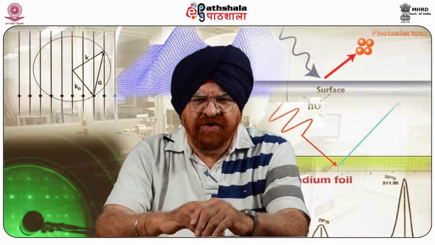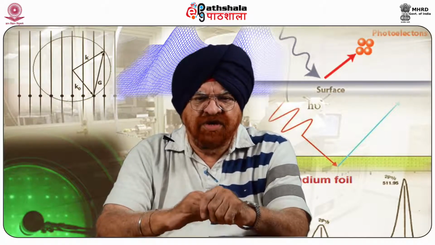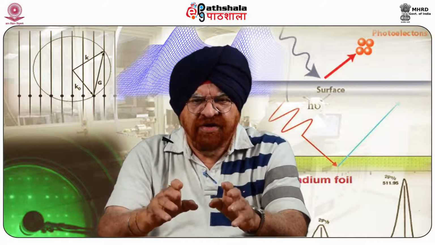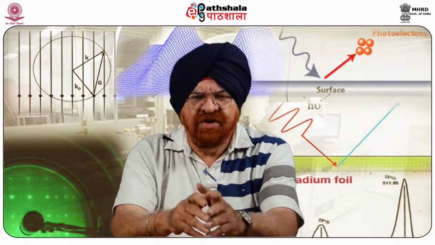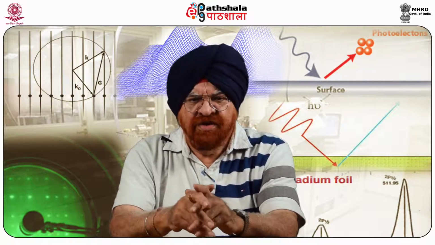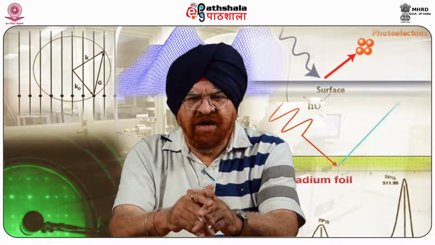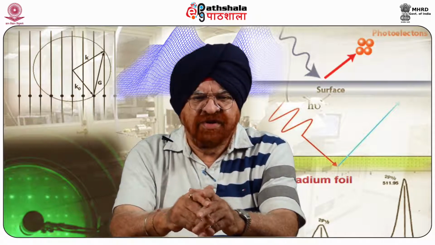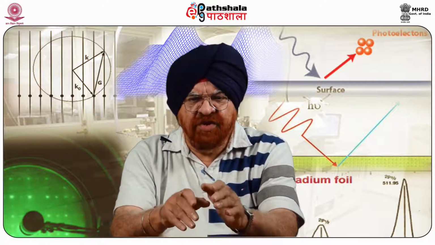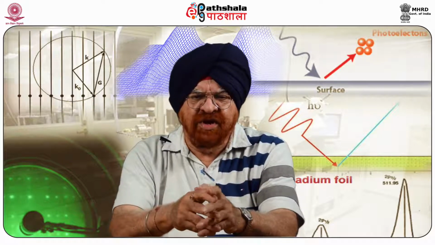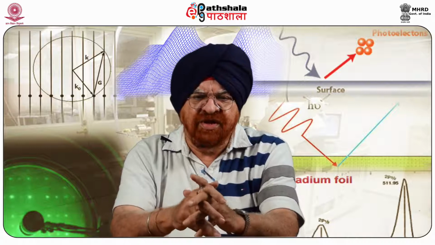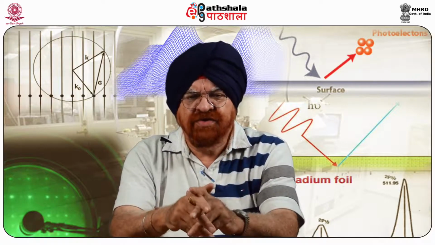X-ray photoelectron spectroscopy is a quantitative spectroscopic technique that measures the elemental composition, empirical formula, chemical state, and electronic state of the elements that exist within a material, and this will make it very clear how useful this technique is in so many areas.